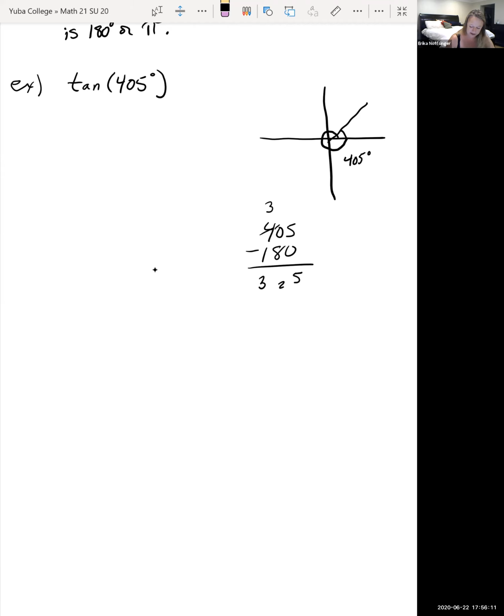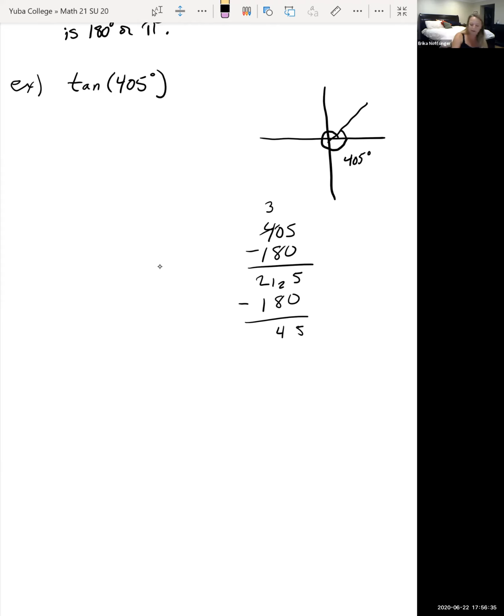Minus another 180, so that's just 45, which I knew I would get.